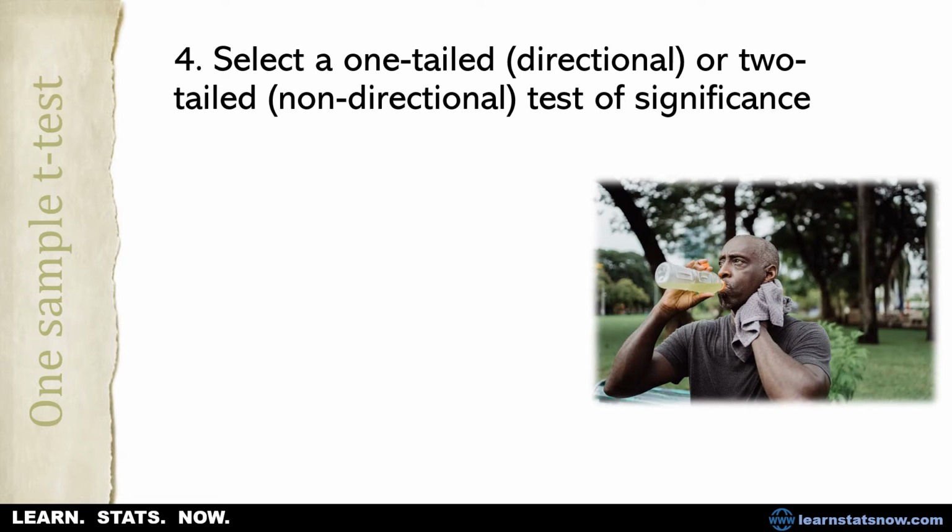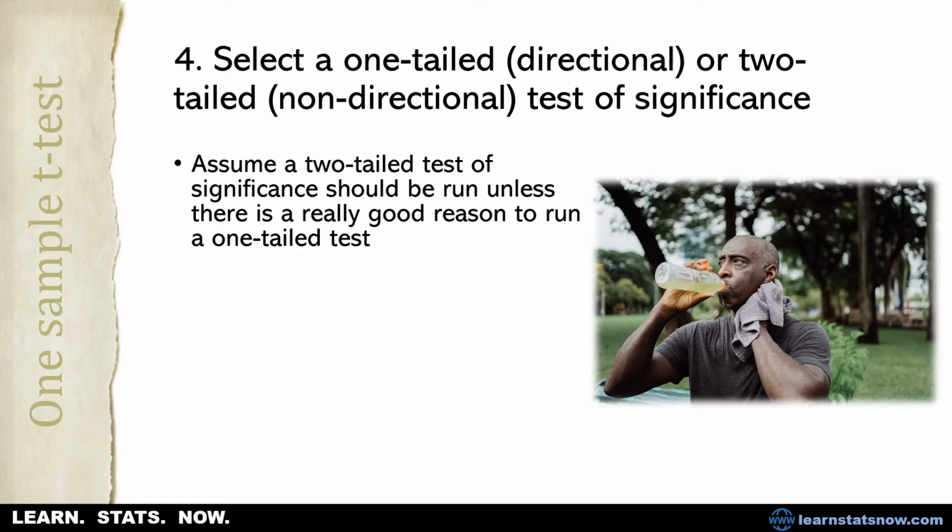Okay, now we need to select whether we're going to do a one-tailed or two-tailed test of significance. Usually, we're going to assume that we should do a two-tailed test of significance unless there's a really good reason to run a one-tailed test. For example, if it's just inconceivable that the results could err on one side of the sampling distribution, we would choose a one-tailed test.